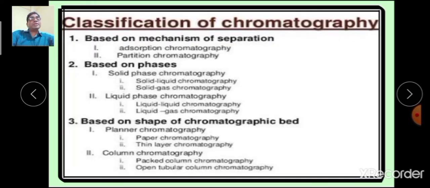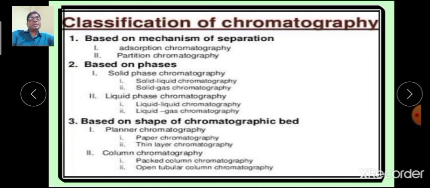Now the classification of chromatography. The classification based on mechanism of separation: when adsorption is used, the chromatography is known as adsorption chromatography, and when partition or distribution mechanism is used, the chromatography is termed partition chromatography.